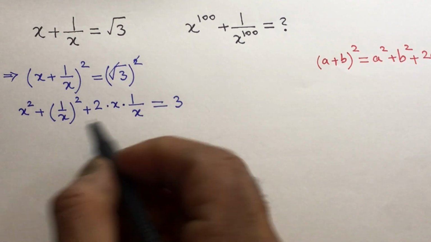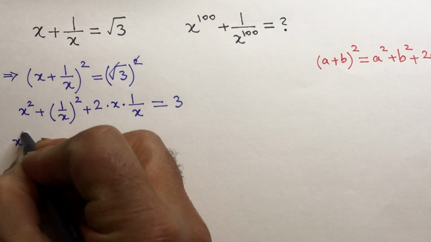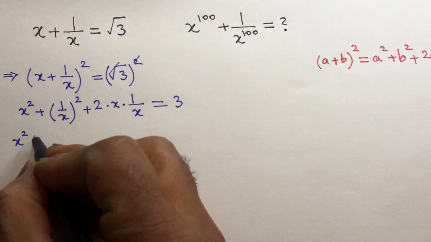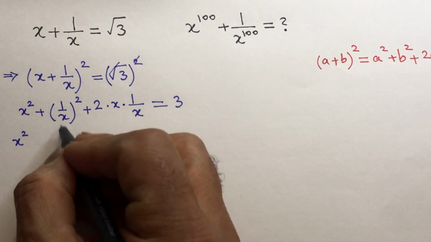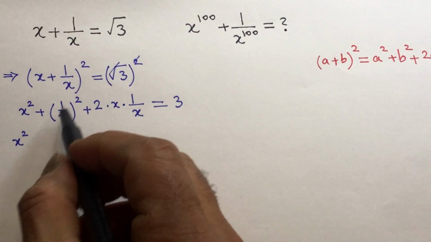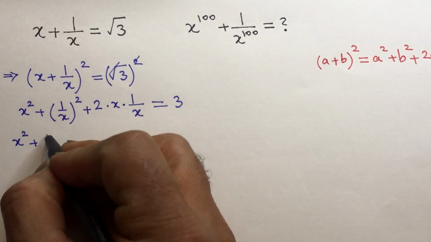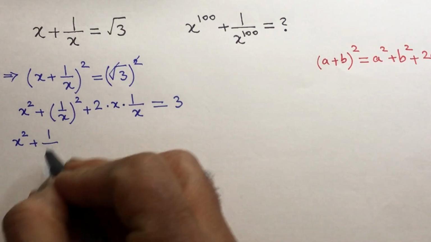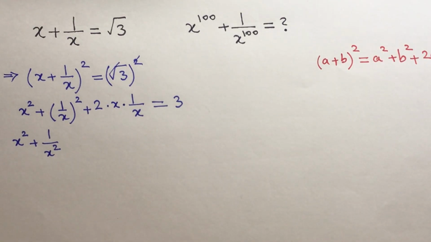I can simplify this. For this one, numerator and denominator get squared as different terms, so this one squared is just 1 and the denominator is again x squared.